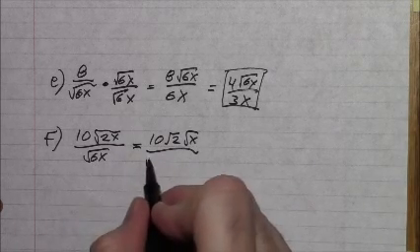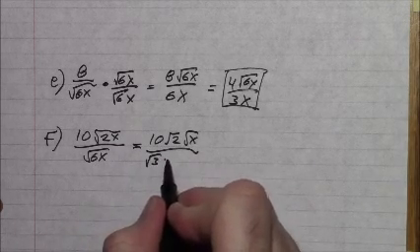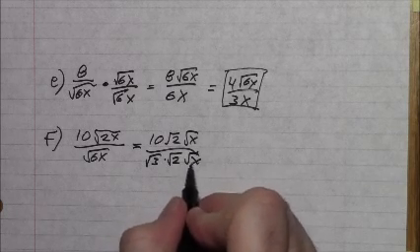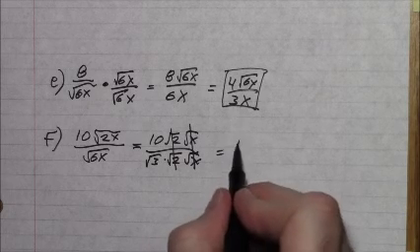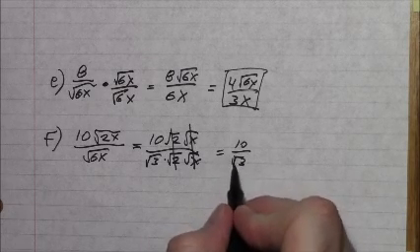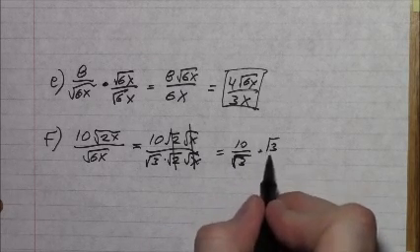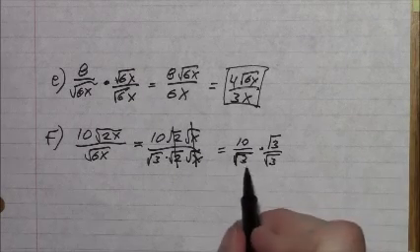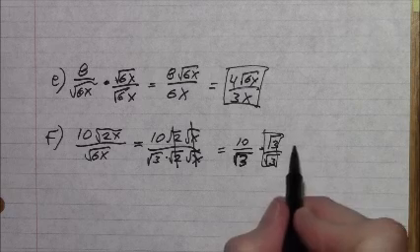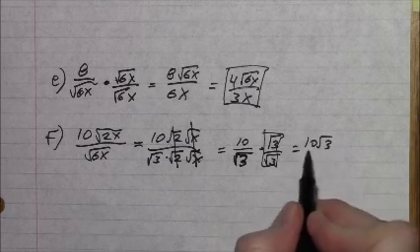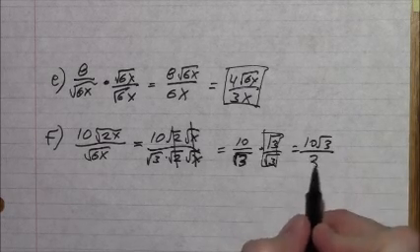The 6 is actually square root of 3 times the square root of 2 times the square root of x. Well, these cancel and these cancel. So we have 10 over root 3 multiplied by the same thing, make it a 1 here, and we get 10 times the square root of 3, and that's a 3 on the bottom.